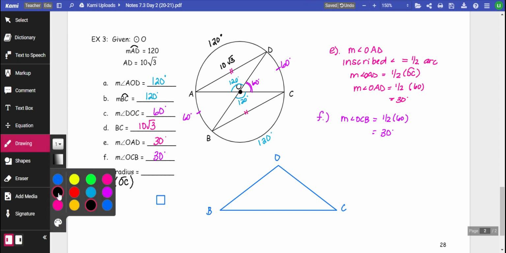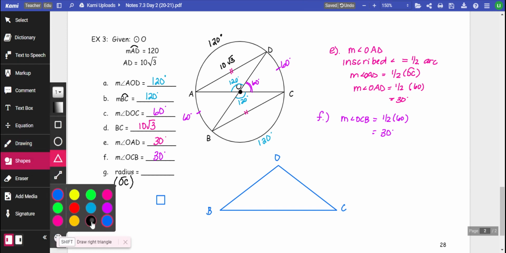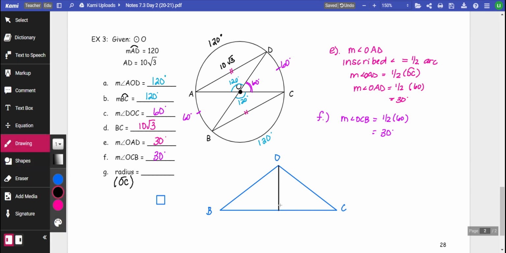Now I'm going to drop down an altitude so that I get a right triangle. And let's call this D.